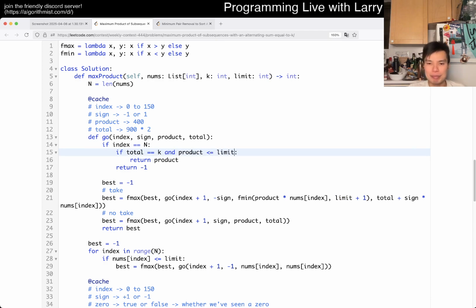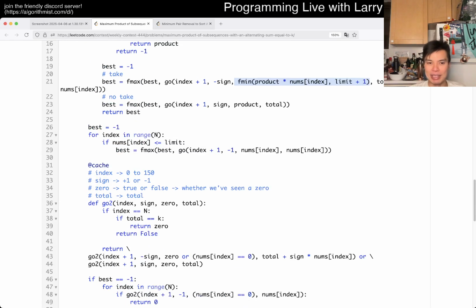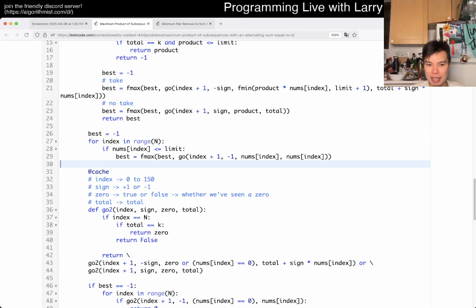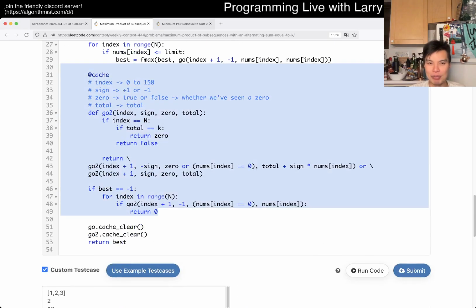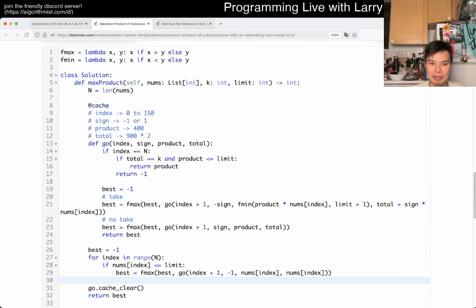And that's it. The reason this is good is that if nums of index is ever 0, this entire product will always be 0 in the future branches, so you don't have to consider that as a separate case. That lets you remove all this code and clean it up a little bit, and I could even fit it into one line.